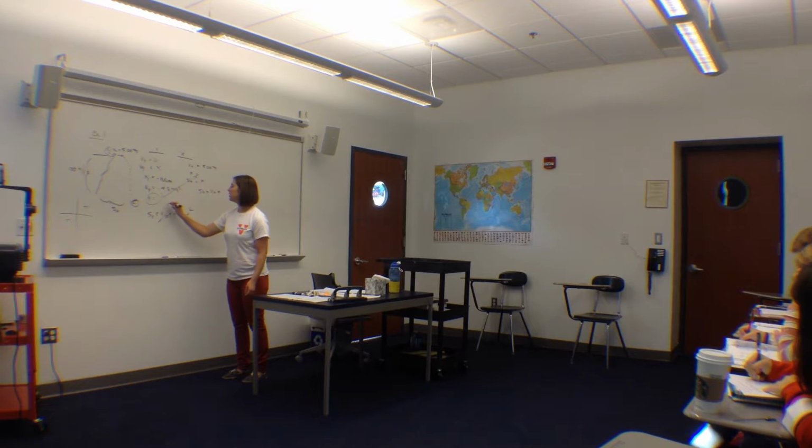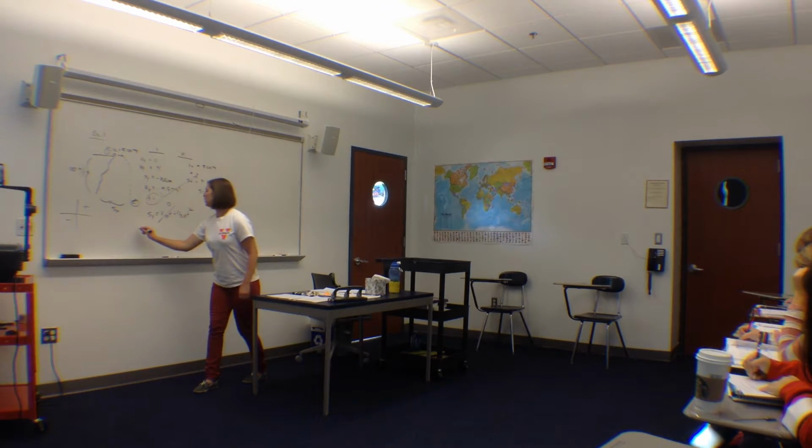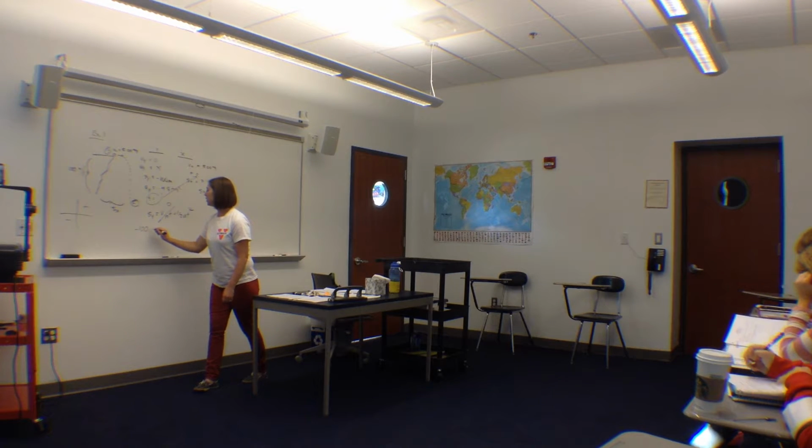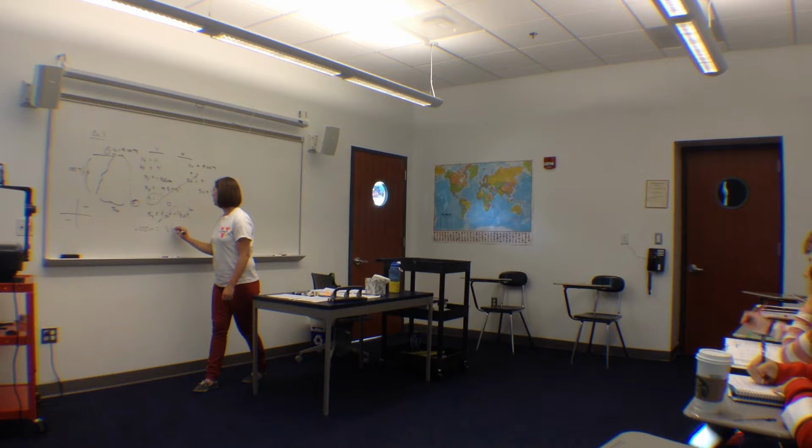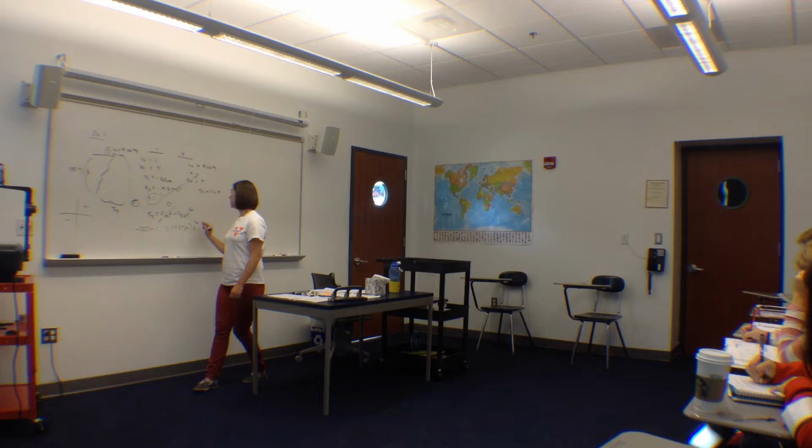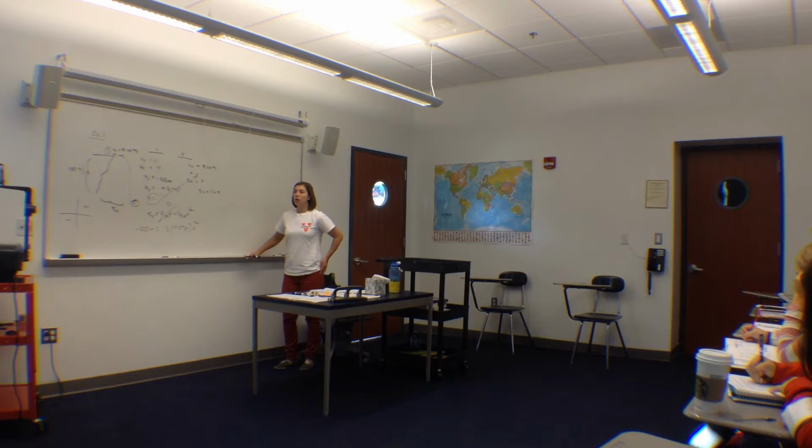And the good news is Vy0 is 0, so I don't have to deal with the quadratic formula. So I have negative 100 equals 1/2 times negative 9.8 times t squared.